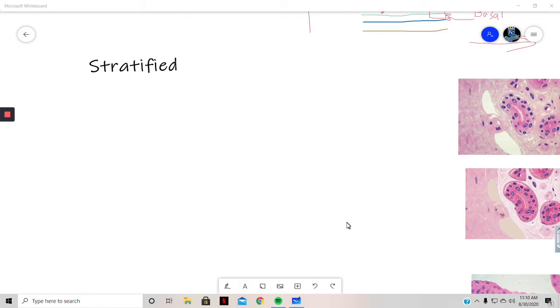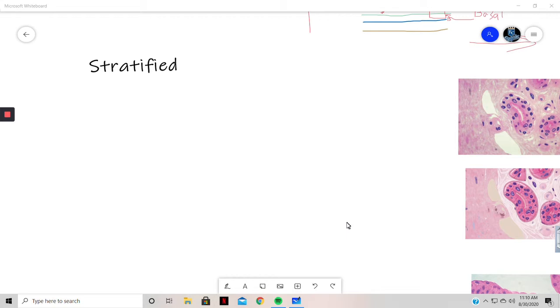Hope you really enjoyed looking at the simple epithelial layers, and of course the different types of cells. But we are back, and as you can see on our screen, now we're going to go from single layers, or one layer, to multiple layers.